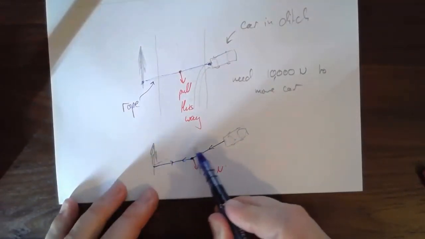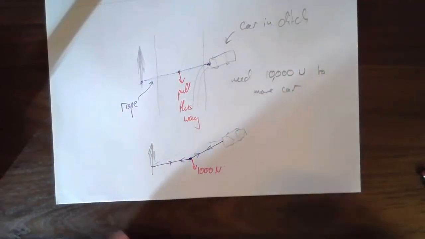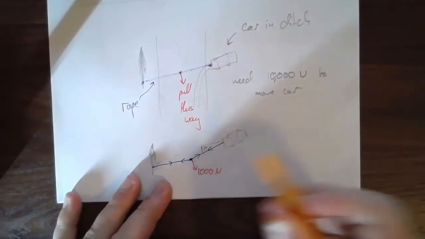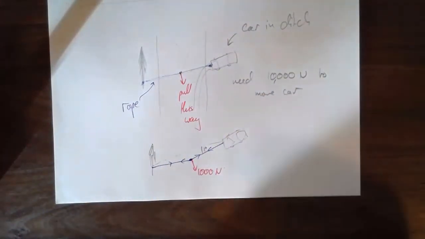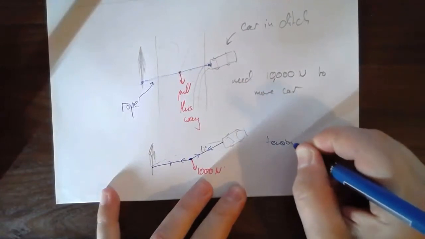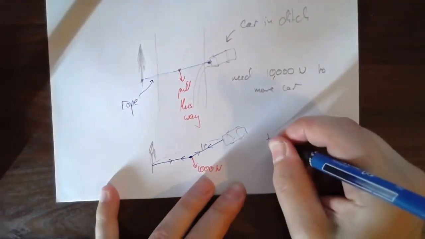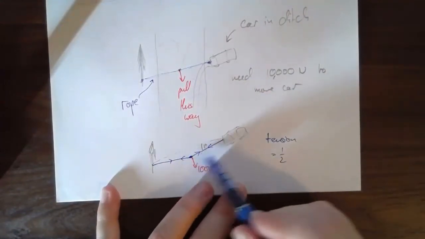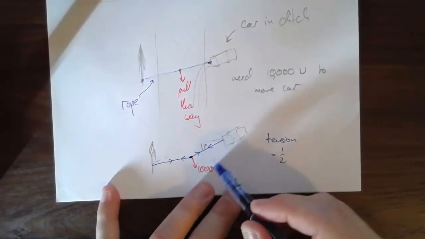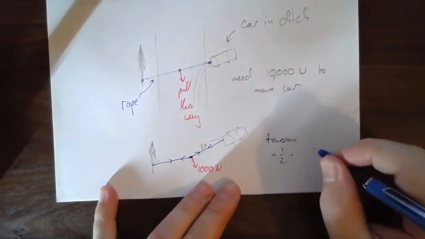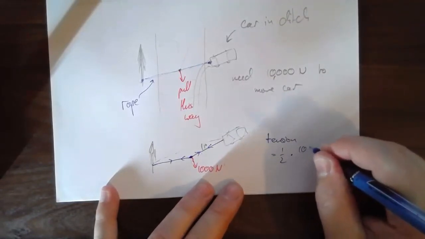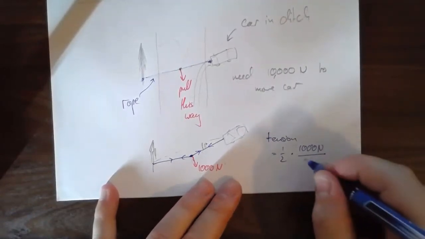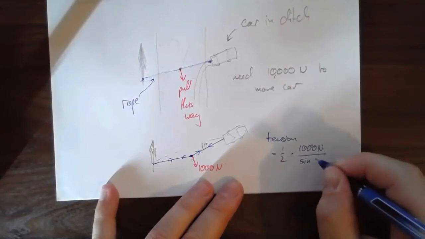Well, I can take the components, I can do exactly this analysis, and if this were, say, 1 degree, because it's just barely bent a little bit, well, then the tension, the two of them, would be equal to 1/2, because there's 2 pieces of rope, so each one is half of what cancels out this, times 1,000 newtons divided by the sine of 1 degree.